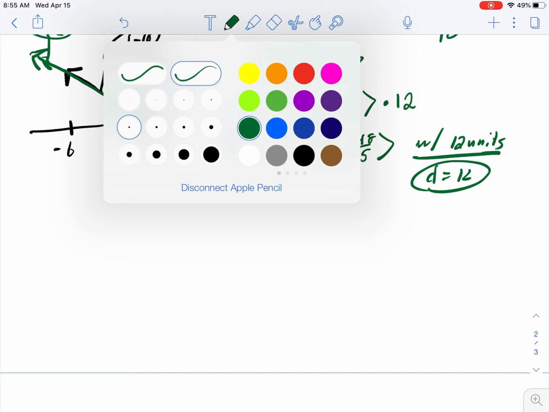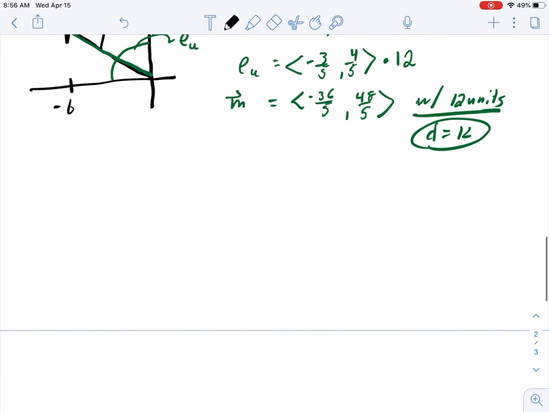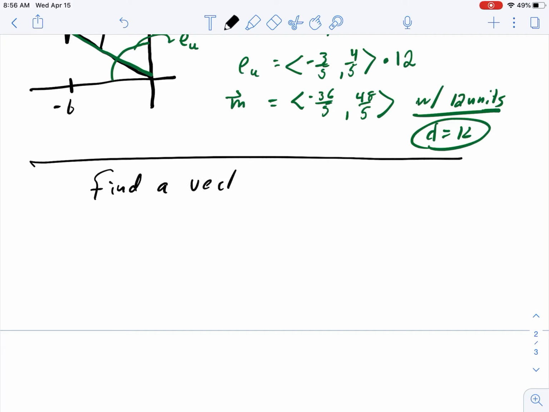Let's change up the question again here. So let's say find a vector with a length of 6 units with the angle of pi/3, and this is with the x-axis.